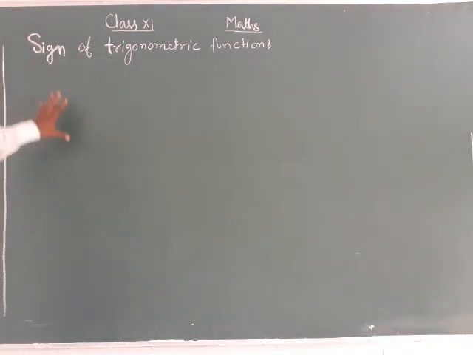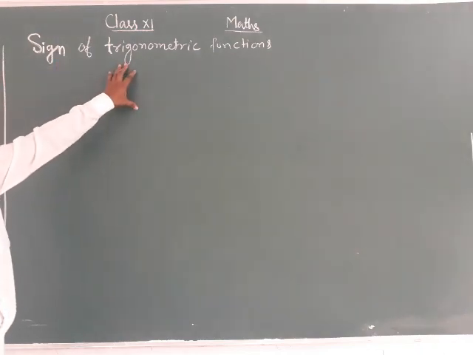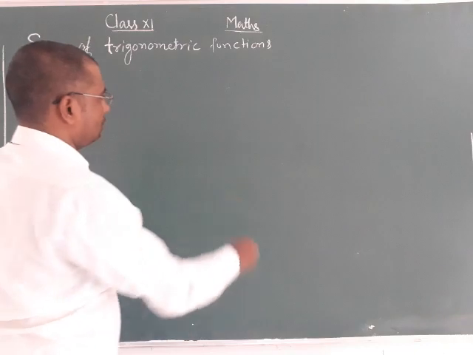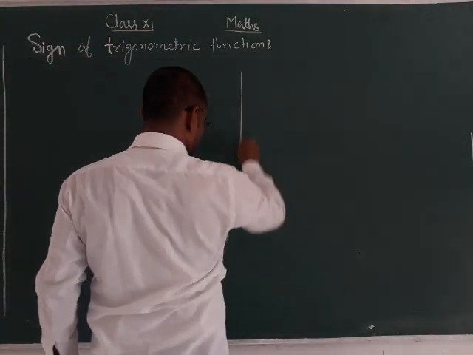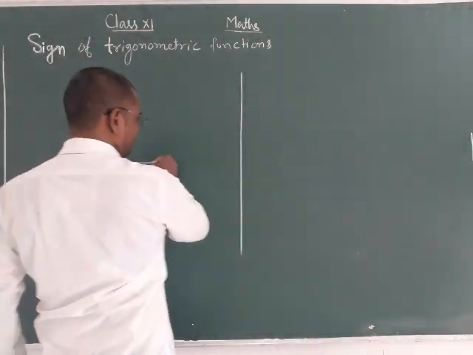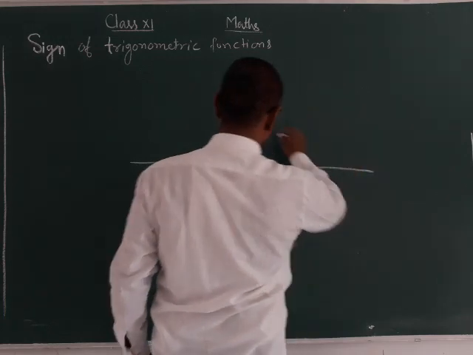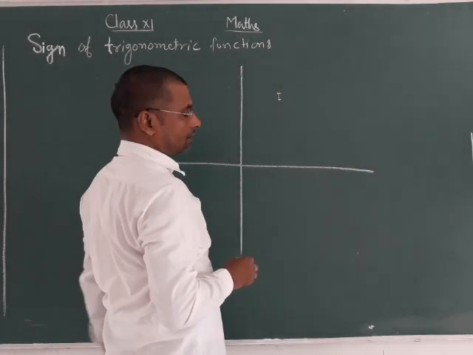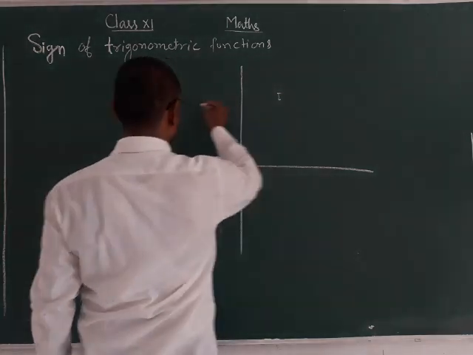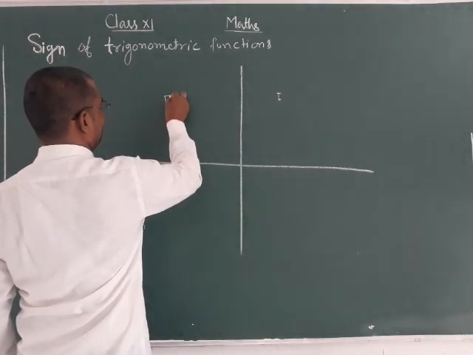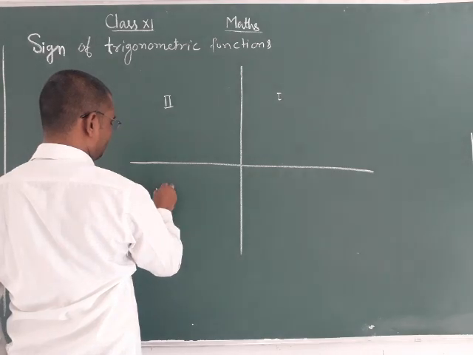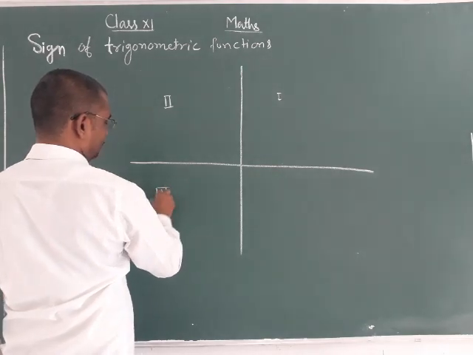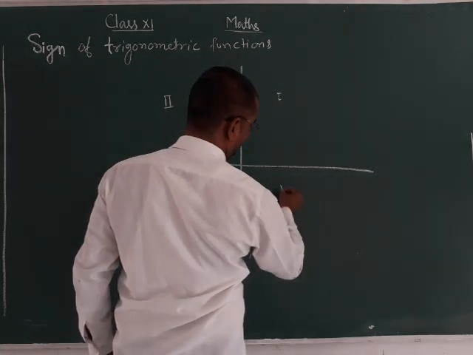Welcome back. Today I will discuss the sign of trigonometry functions. A plane is divided into 4 parts, each part known as a quadrant: first quadrant, second quadrant, third quadrant and fourth quadrant.